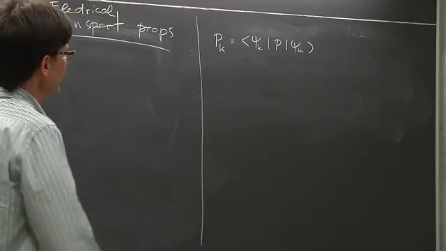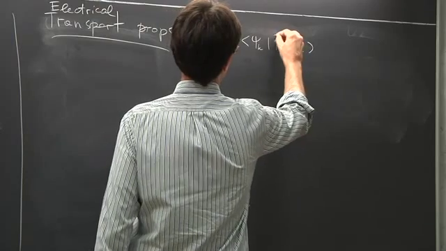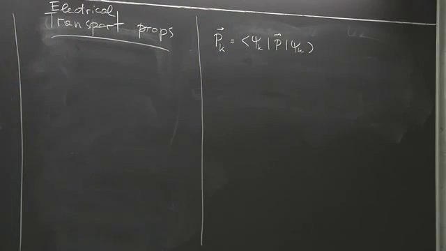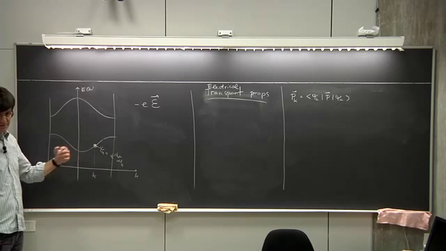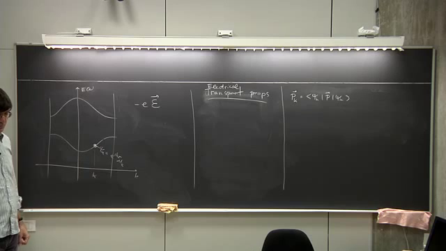Actually let me use vectors. This is generic, I can do it in 3 dimensions. So what is the momentum of this object? What can I say about the momentum of this state?